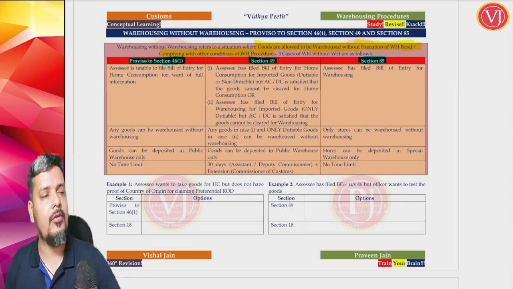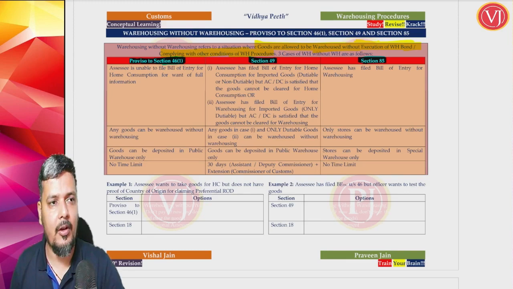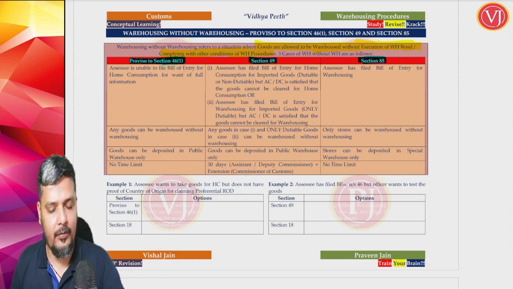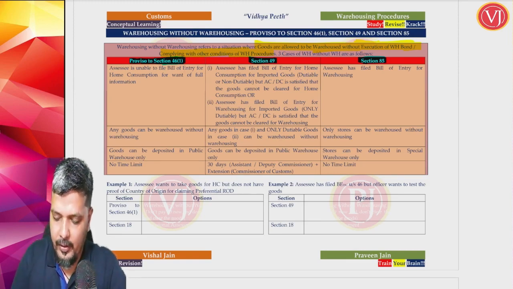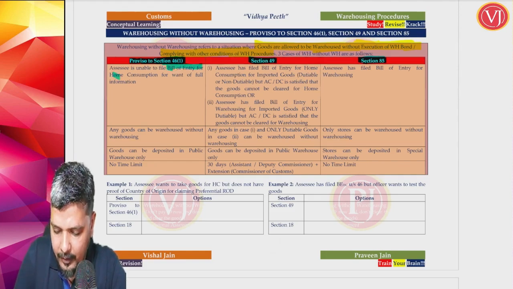You are taking the goods to warehouse, but warehousing procedures are not applicable. First such scenario, proviso to section 46(1), is when assessee is not able to file bill of entry for home consumption for want of full information.